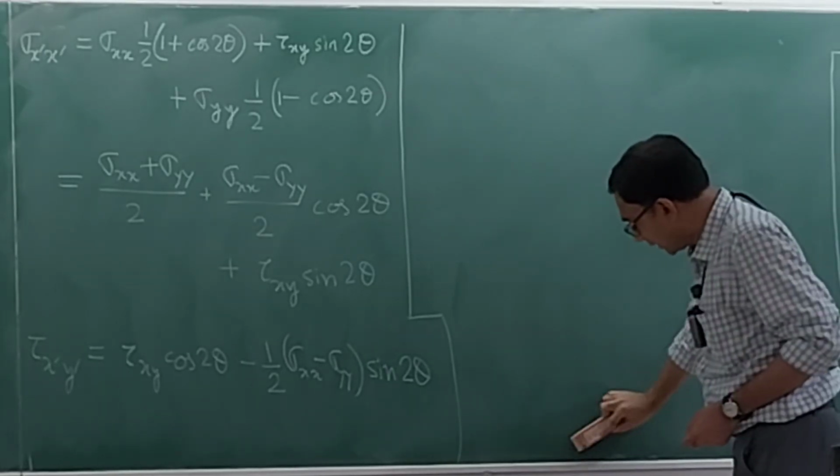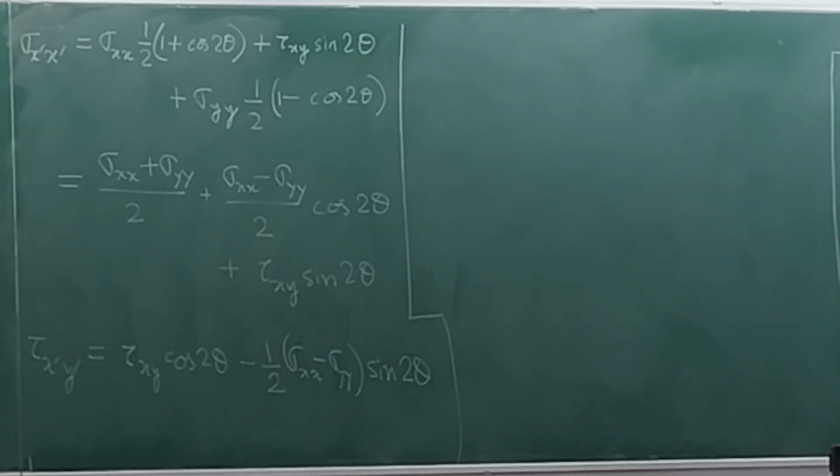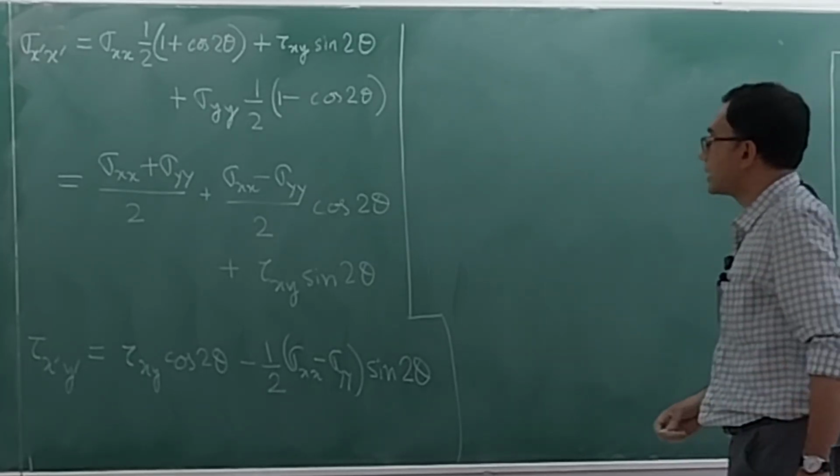Some of you who are very good in coordinate geometry can almost feel what is going to happen, even without me writing all these intermediate steps. But let's do the steps.